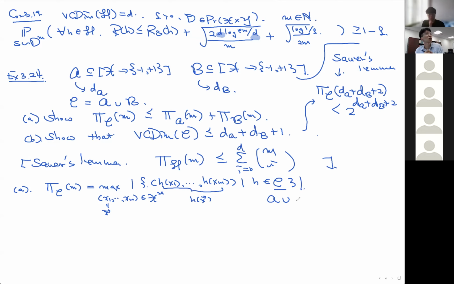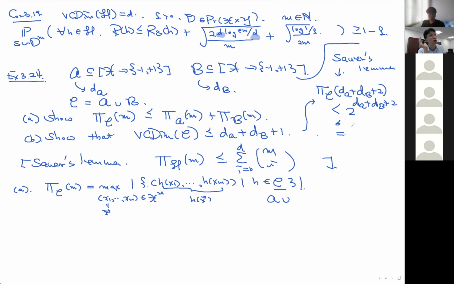Up to the VC dimension, this holds with equality. And if it grows right over the VC dimension, then it starts to deviate. Up to the VC dimension, the growth function has its maximum value, which is 2 to the m.